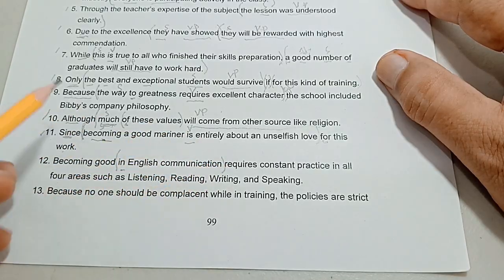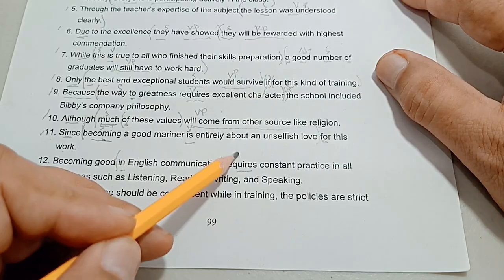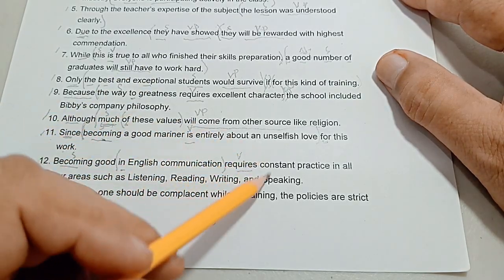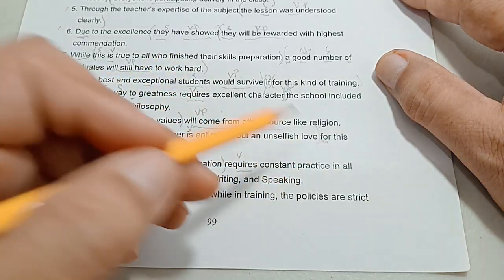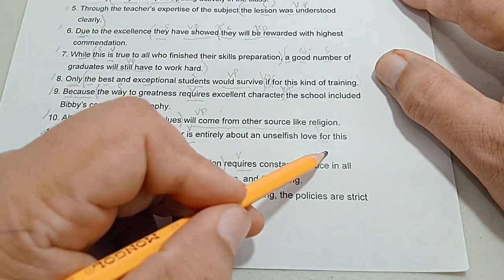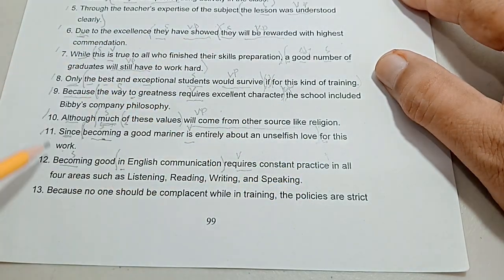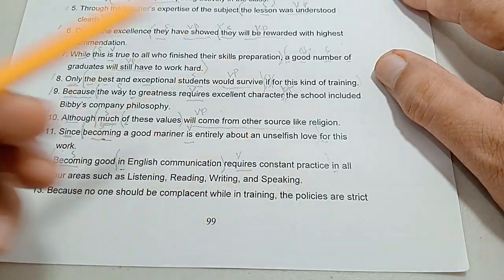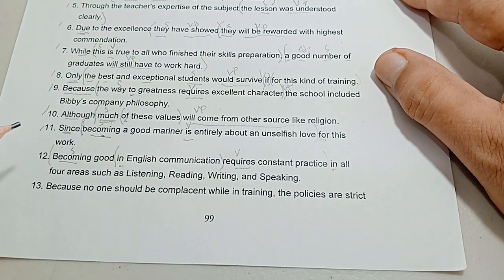So you have here the verb requires, becoming is your subject. Okay? Requires constant practice. So hanggang dito mo kukunin ang simple sentence na yan. Alright. No, hindi na itong prepositional phrase na yan hanggang dito.